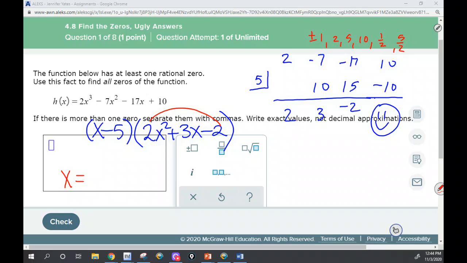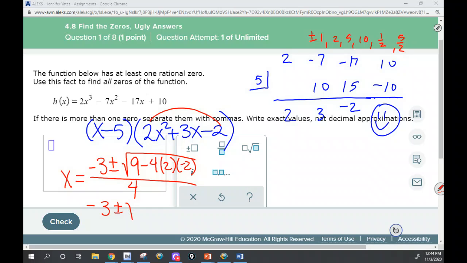So x equals the opposite of b plus or minus the square root of b squared minus 4 times a times c all over 2a. So what is that? Negative 3 plus or minus the square root of 9 plus what? 16? So 25 over 4. Let's just move this over here.